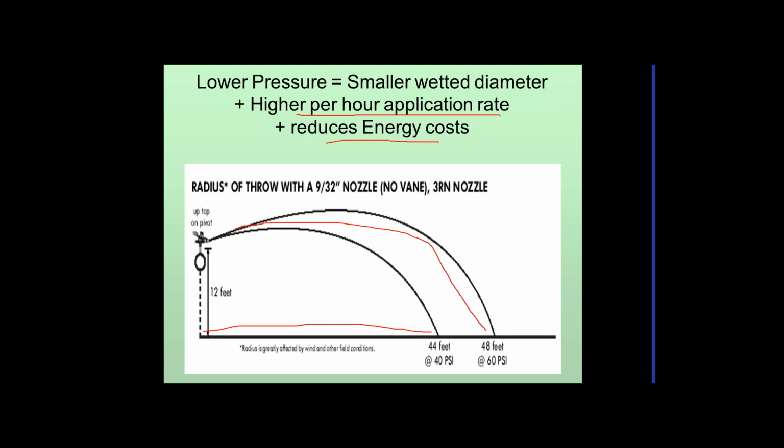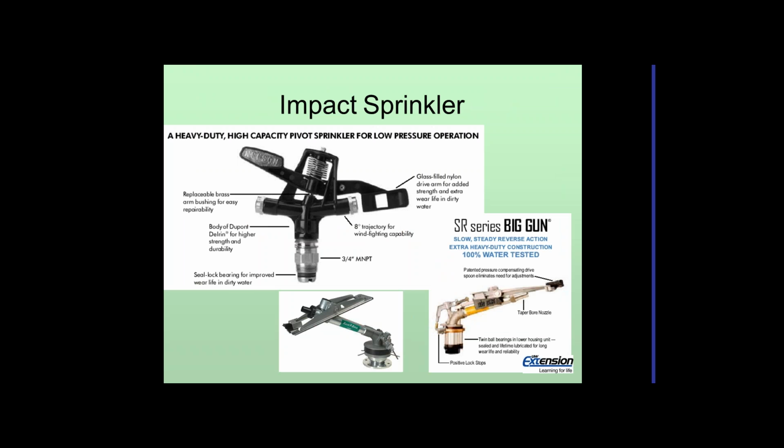So when we're looking at lower pressure, we have to look at topography and the type of soil and the infiltration rates of the soil to decide what pressure to use based on basically the throw distance and the infiltration rates of that water.